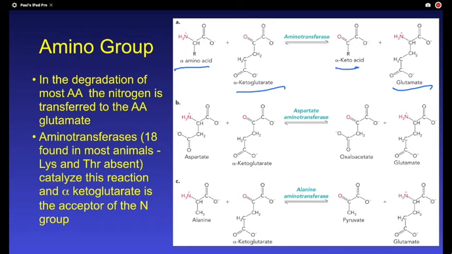Then glutamate takes it on to process. What this does is it simplifies the degradative process. I don't have to have 20 separate degradative processes for each amino acid. I take all these amines, put it on glutamate, and then I take glutamate and take the amine off. So it simplifies the process.